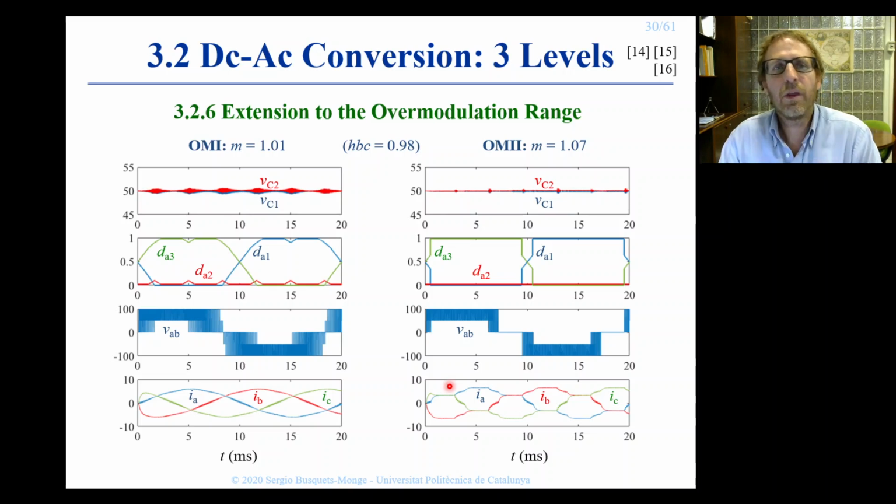In the next slide, we can see the operation in the overmodulation region following this strategy. We can see that in both overmodulation regions, the capacitor voltages are balanced, but as expected, because it's typical from the operation in the overmodulation region, we can see low frequency harmonic distortion in the output three-phase currents.